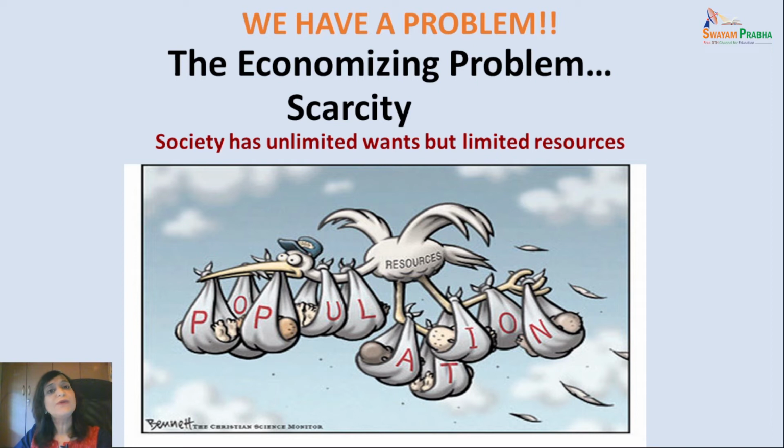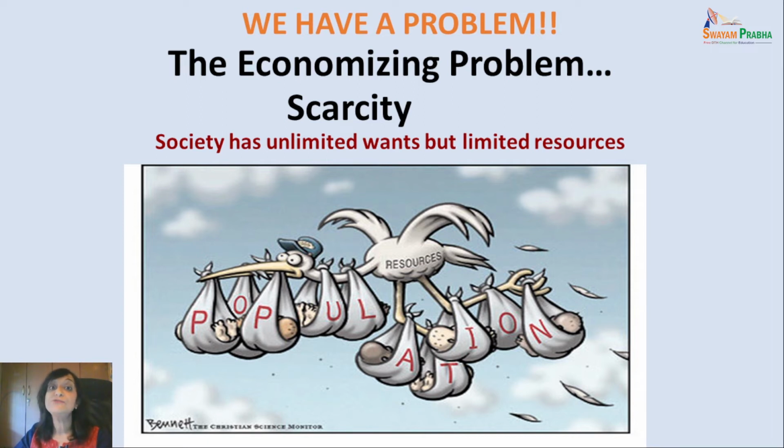But learners, you have to appreciate that the problem of scarcity is not limited only to an individual. Societies, countries, and economies also face the problem of scarcity. So resources at an aggregate level are also scarce.